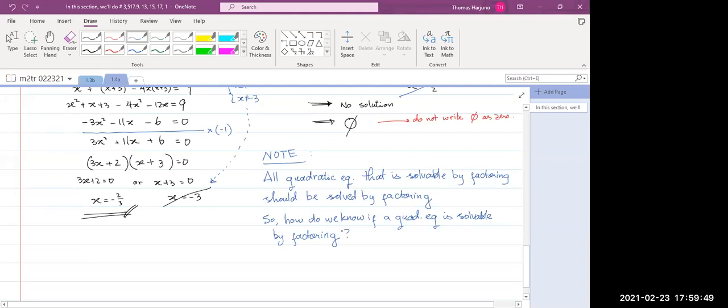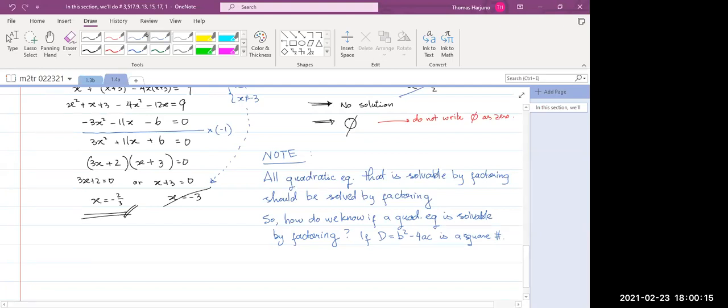Borrowing from the material in chapter 2, you will see that if the discriminant D, which is b squared minus 4ac, is a square number, like 4, 9, 16, 25, and so on and so forth.